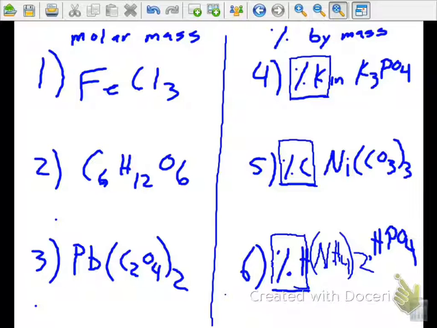FeCl3, C6H12O6, and then PbC2O4 with a 2 subscript. On the right side, you're going to find the percent by mass of potassium in K3PO4, percent carbon in NiCO3 with a 3 subscript, and percent H in (NH4)2HPO4.